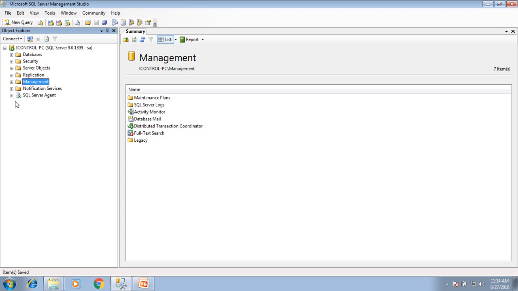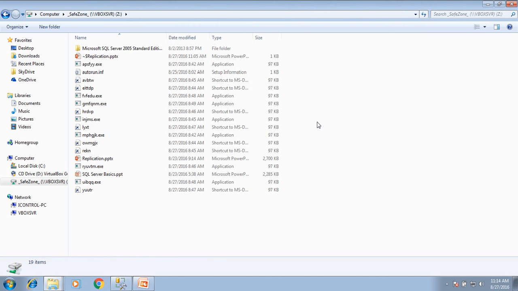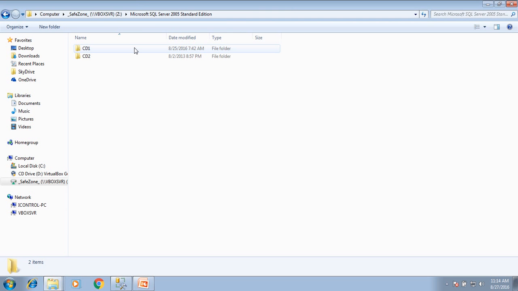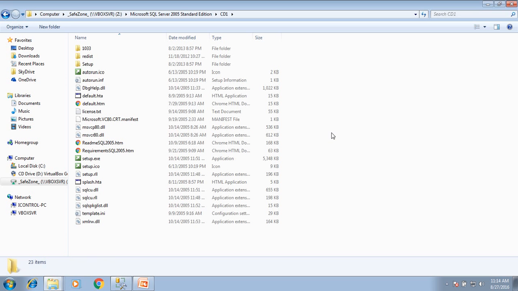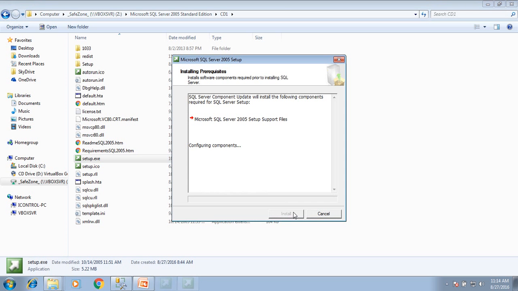To create a new instance for SQL, you have to install a fresh SQL Server instance using the installer itself. I have a ready installer here. Again, I am going to demonstrate how to replicate, publish, and subscribe through different SQL servers.